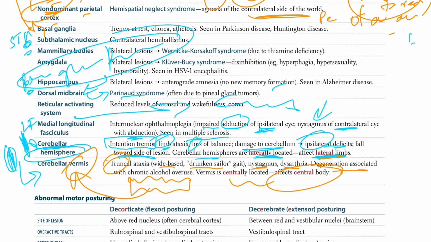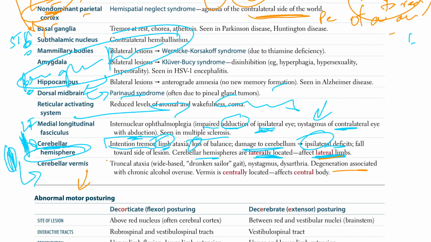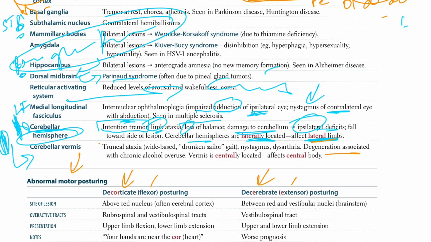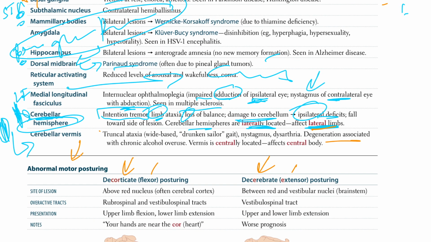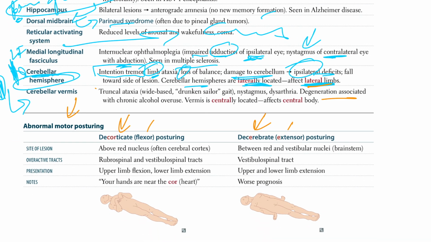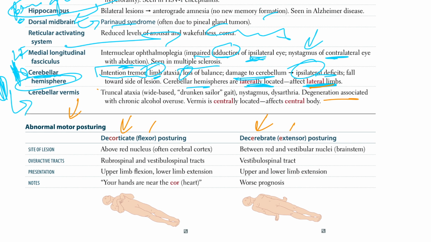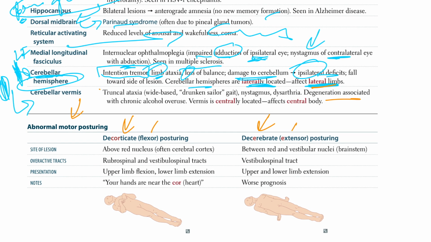Now let's look at the bottom here. Here we have the abnormal motor posturing. We have decorticate and decerebrate posturing. Decorticate is flexor posturing and decerebrate is extensor posturing. Let's take a look at each one of them. Okay, in the decorticate, where's the lesion?